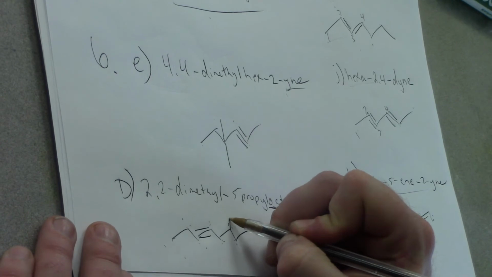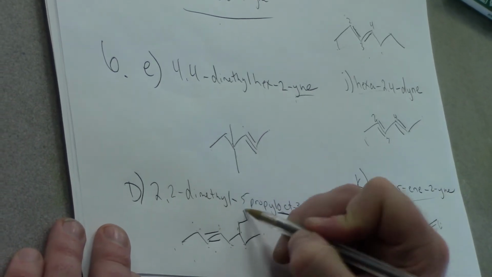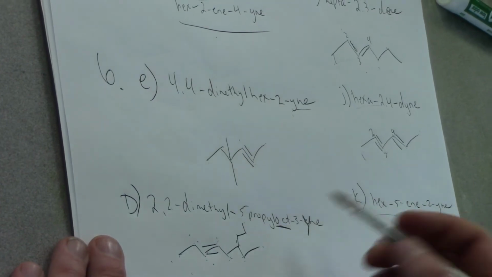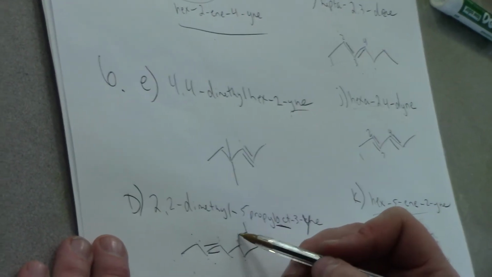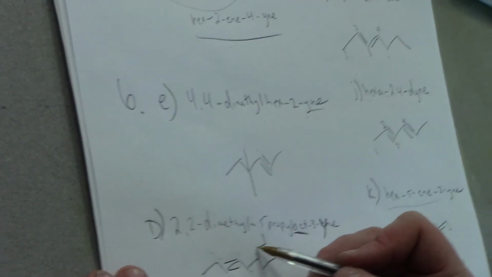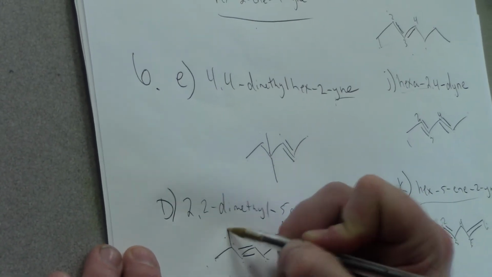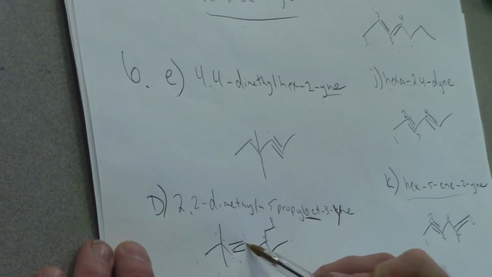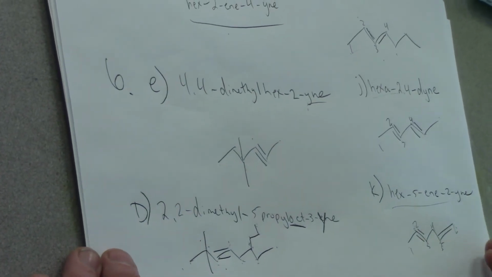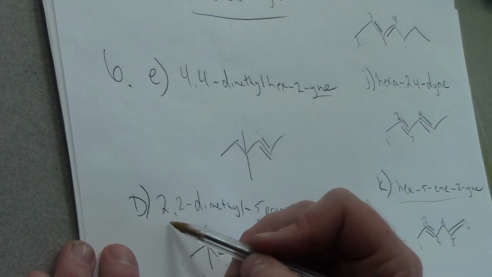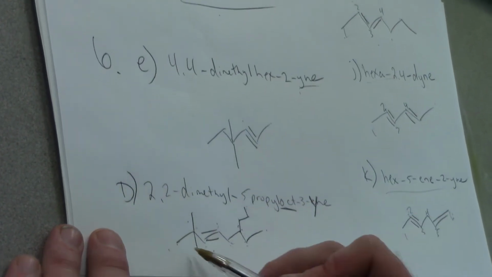On carbon 5, there's a propyl group. 1, 2, 3. And then on carbon 2, there's a dimethyl group. Okay, so that's what this looks like.